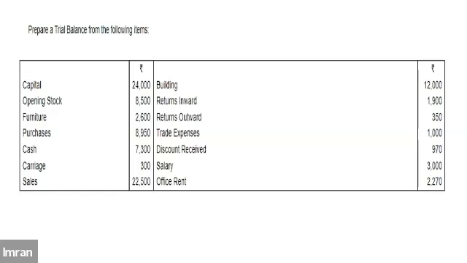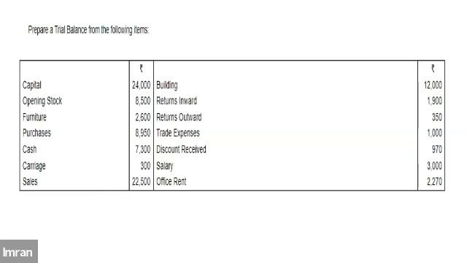Then purchases. Purchases are expenses, and expenses always have debit balances. Purchases always have a debit balance, is that right? Yes. Then cash. Cash is an asset and cash always has a debit balance.